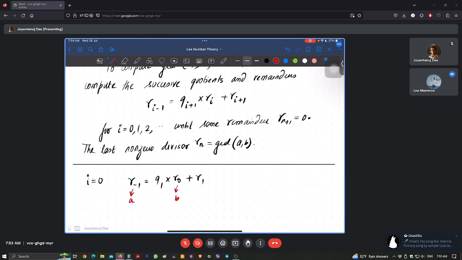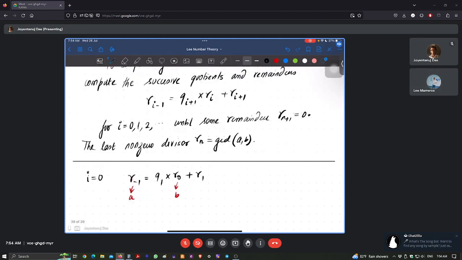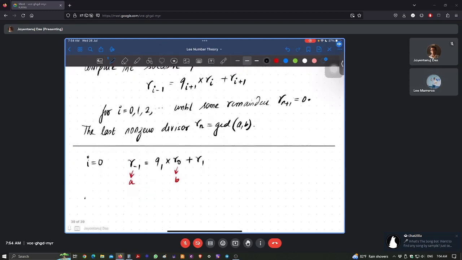So this is my first step. The next step is i equals 1, so it becomes r_0 equals q_2 times r_1 plus r_2. So this r_0 comes here, this r_1 comes here.